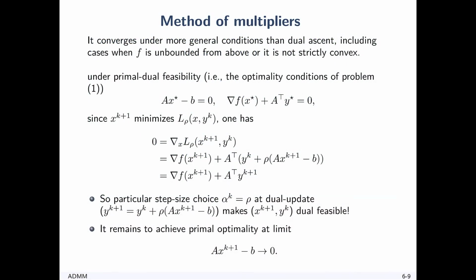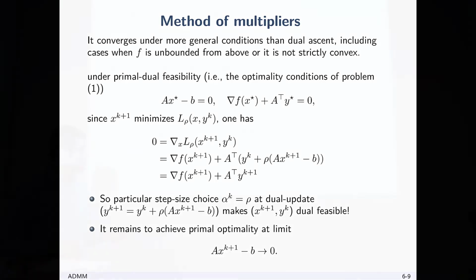With this careful setup of the step size of the Lagrange update to be equal to rho, you get dual feasibility at each iteration, which is nice. Then it just remains to achieve the other one at the limit, so when k goes to infinity. If we haven't made any mistake, hopefully this goes to 0 as well.